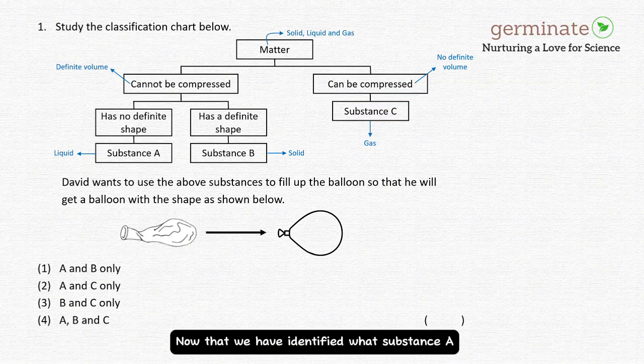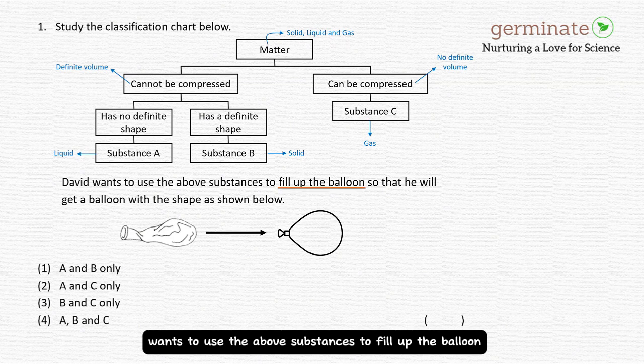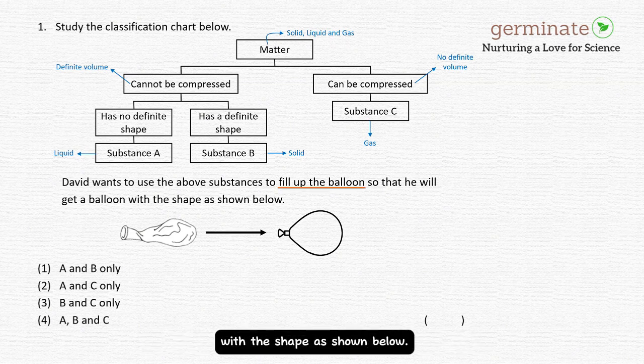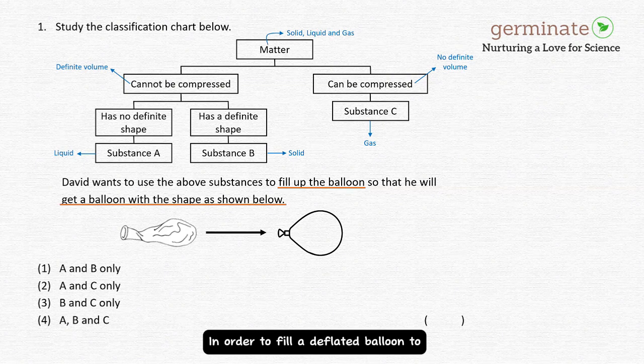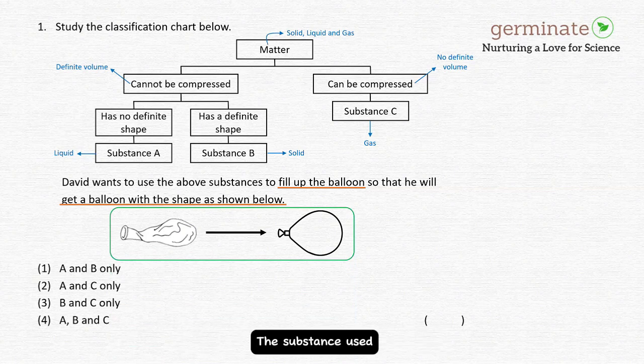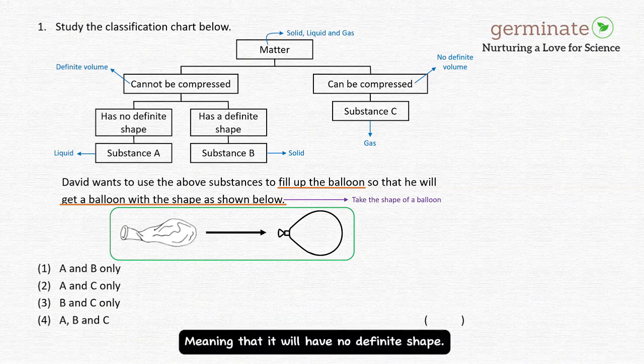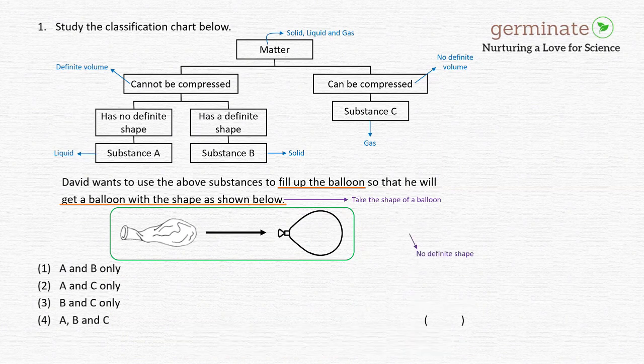Now that we have identified what substance A, B, and C are, let's look at the question again. David wants to use the above substances to fill up the balloon so that he will get a balloon with the shape as shown below. In order to fill a deflated balloon to an inflated balloon of the shape as shown, the substance used will need to take the shape of the balloon, meaning that it will have no definite shape.